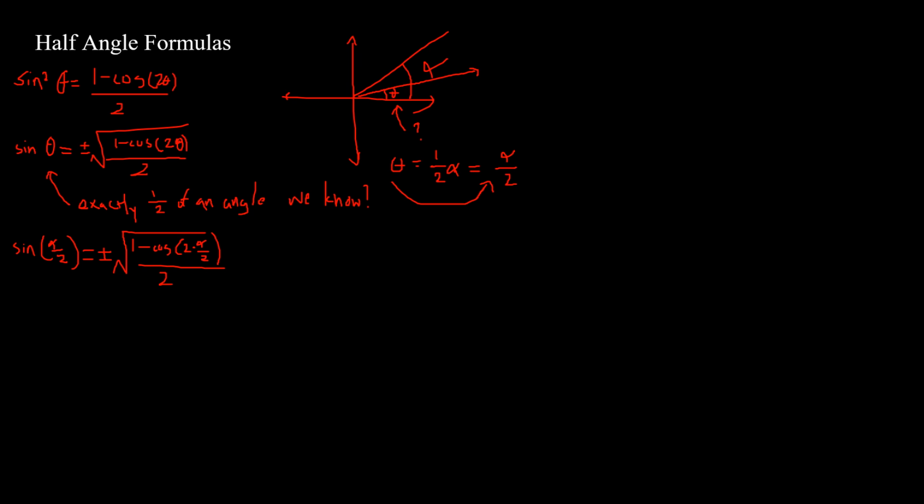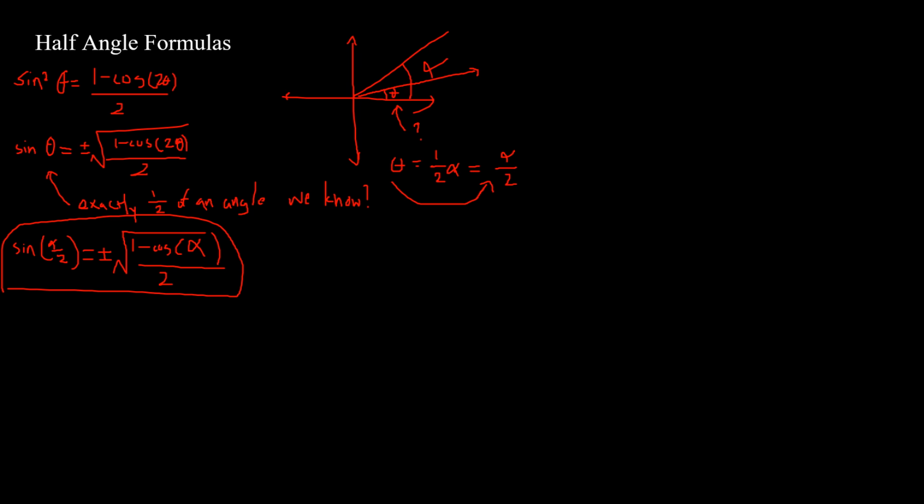Well, if you notice here, the 2 times alpha over 2 is just going to cancel out and turn into alpha. So we can just rewrite this as alpha. So this is pretty much the heart of the half angle formulas. We know that the sine of alpha over 2 equals plus or minus the square root of (1 minus cosine alpha) over 2.